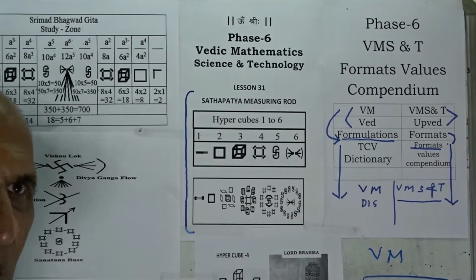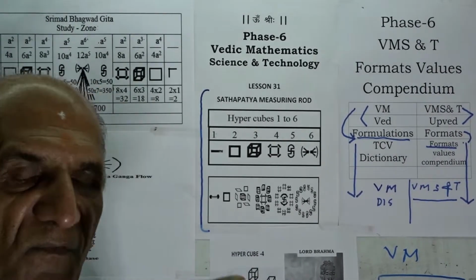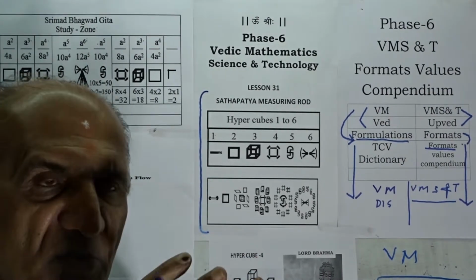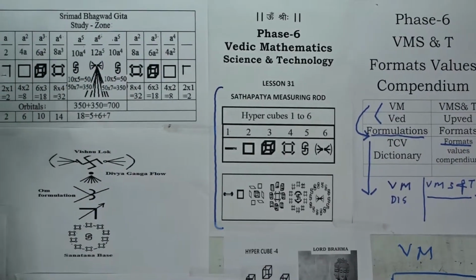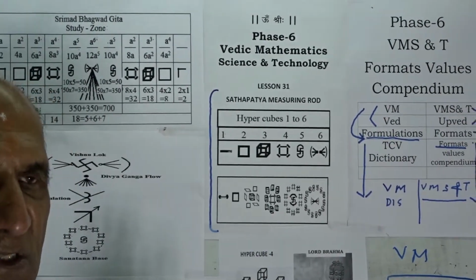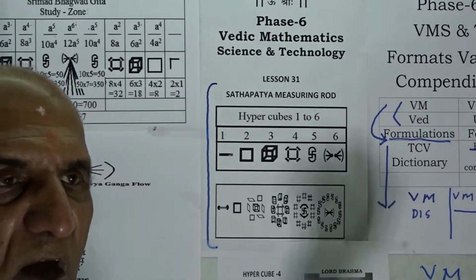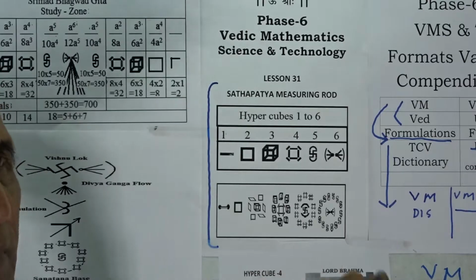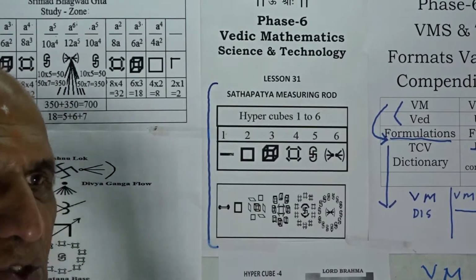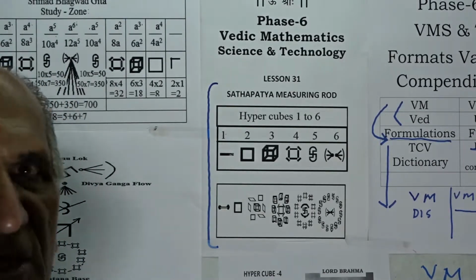The Devanagari alphabet format supplies us the letters along with the values and the formats. Those letters with their values will help us reach the values of the words formulations. So from values we have been reaching the words formulations, or from word formulations we will be reaching their values, and those are making part of, constituting, and fulfilling our TCV dictionary.